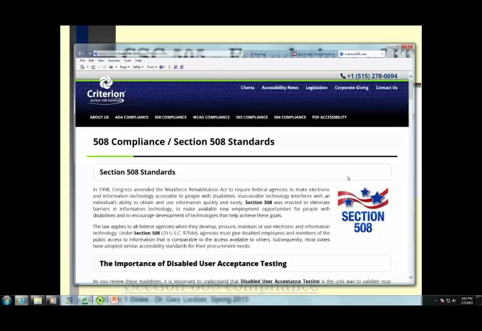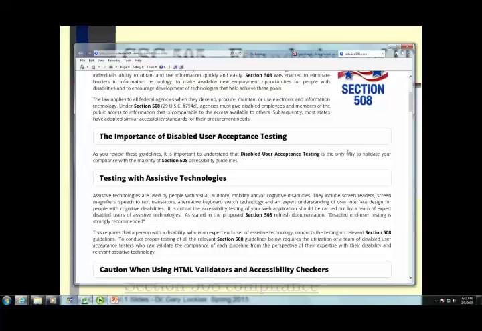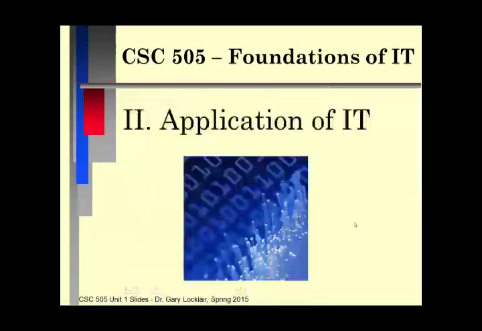Here's a hot tip: if you think about a system as hardware, software, people, you will automatically begin thinking about some of these other issues that are very important to us. There are, by the way, lots of companies that will assess your technology and tell you if it meets the reasonable criteria set forth. Okay, Section 508, persons with disability.